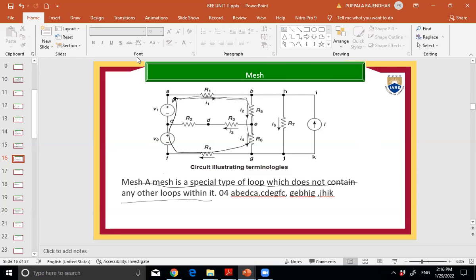See, this is a loop, and inside of it we are forming one more loop here. But if you want to form one more loop for this, it's not possible. So we call it a mesh, and this is a loop. That is the difference.